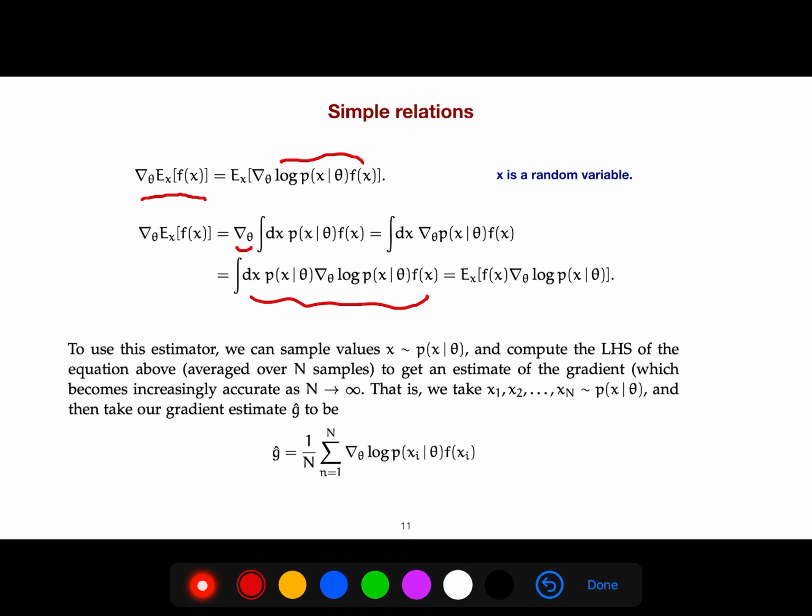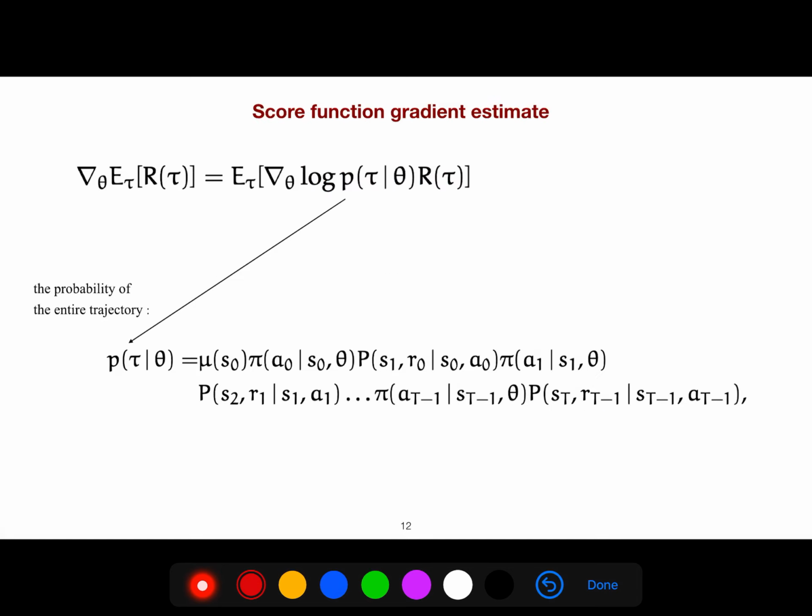Until here, it's just simple math. But then you use what comes to your mind when you see this: oh, it's a Monte Carlo estimate. So you approximate it with samples from this distribution, and you just sum all of them.